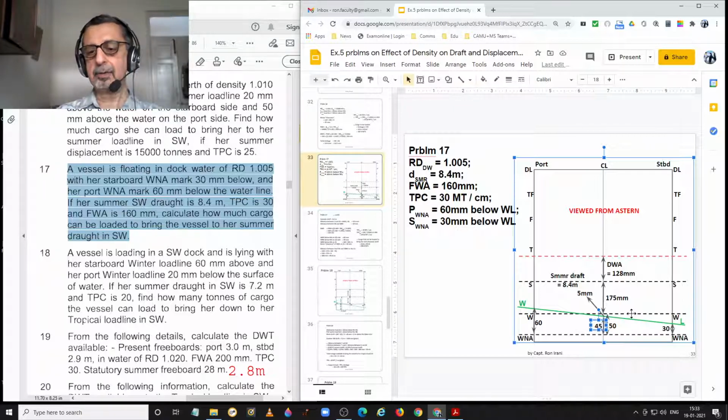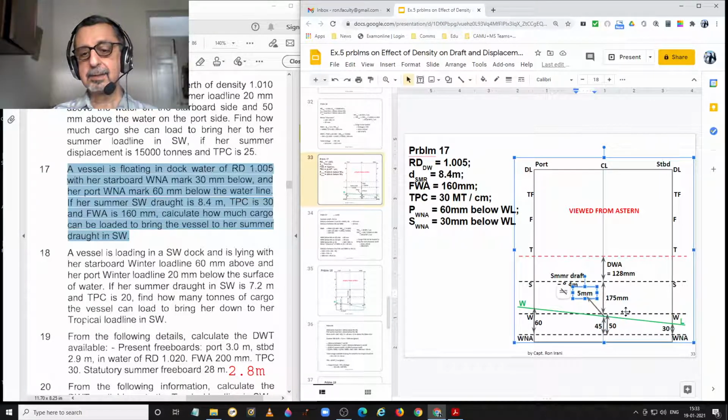Now we also know that the distance, the height between the top of the winter load line and the top of the winter North Atlantic load line is equal to 50 millimeters. Thus, we have 50 minus 45 is equal to 5 millimeters.